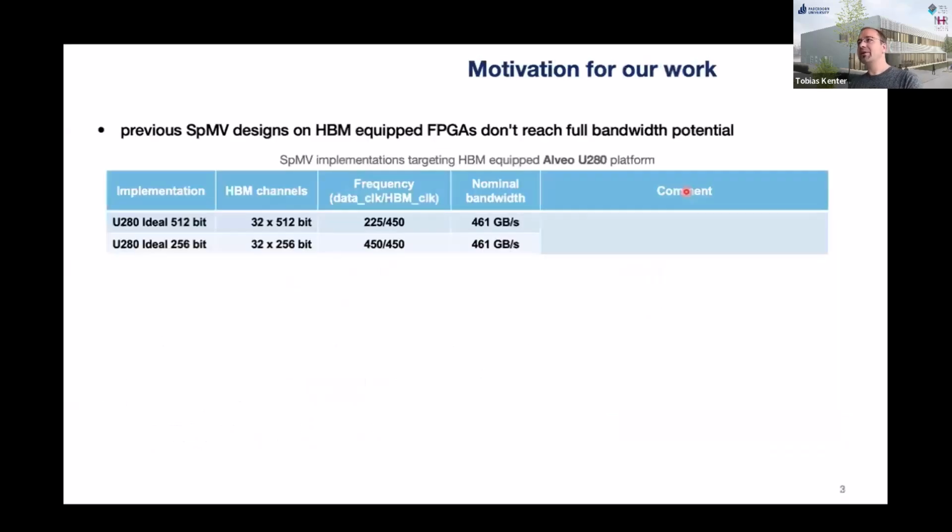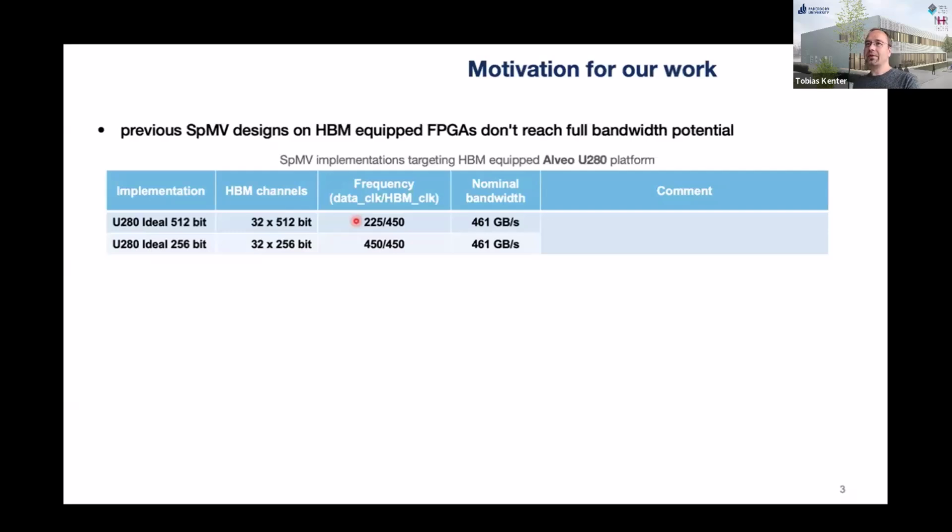Pretty good performance can be reached in 2 ways. Either we can use all the 32 HBM channels in 512-bit interface mode. In that case, we need a kernel clock of 225 megahertz to reach the nominal peak bandwidth of 460 gigabyte per second.